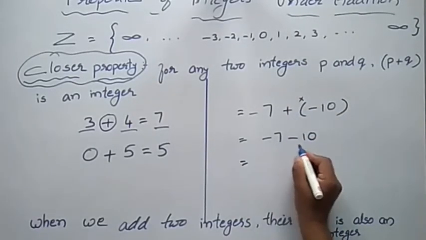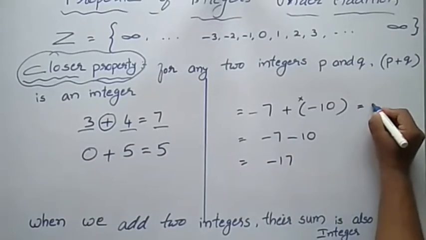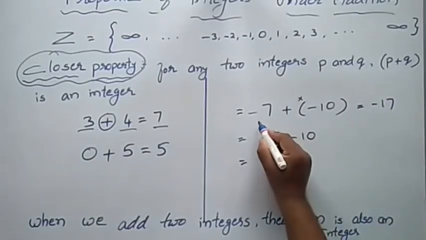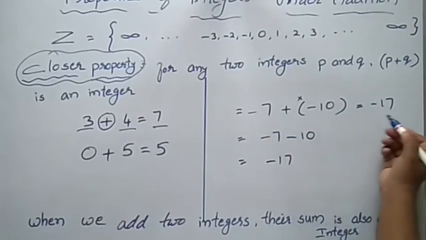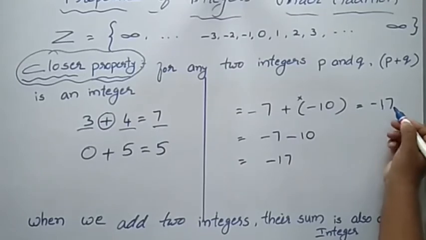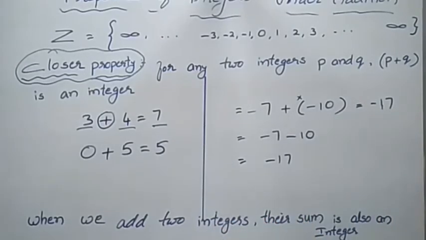So minus 7 minus 10 together is minus 17. Here minus 7 is an integer and minus 10 is also an integer, and the resultant minus 17 is also an integer. According to the closure property, for any two integers p and q, p plus q is also an integer.